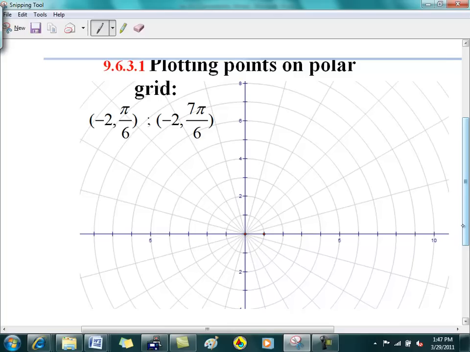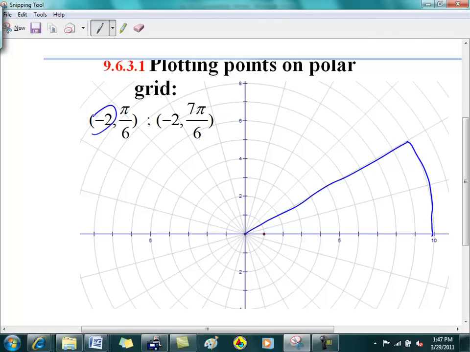So I'm going to do negative 2 comma pi over 6 first. Okay? So this is what you need to do. You need to do the rotation first. You need to do the angle first. So you're going to go around to this radial line here. So you've done your rotation of pi over 6, which is 30 degrees. Okay?